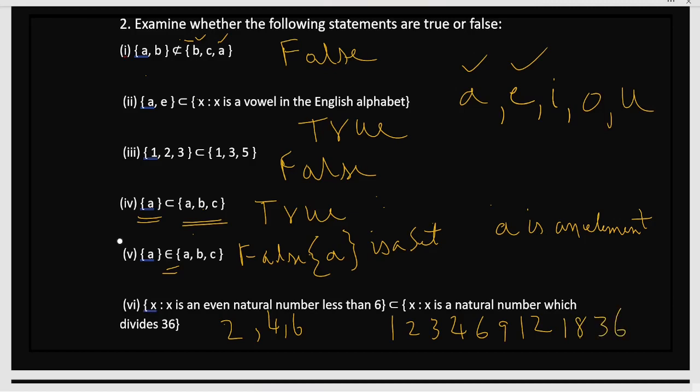These are all the elements in the second set. Are 2, 4 present here? Yes, they are present. So this is a subset of the second set. So the answer is 2.